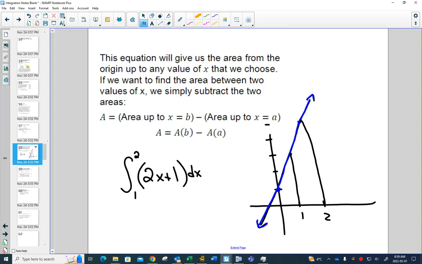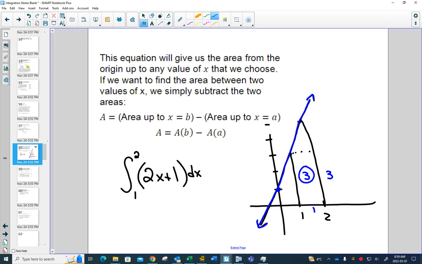For example, if I draw a dotted line across here, this makes a rectangle, and we would know that this rectangle has a length of 1 and a height of 3, so its area is 3.